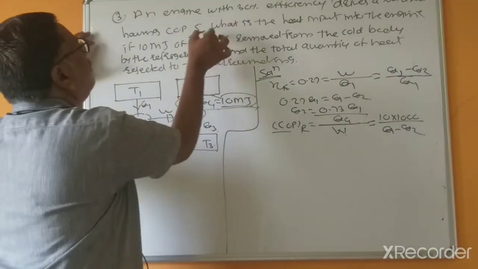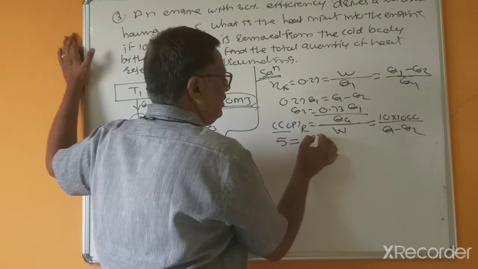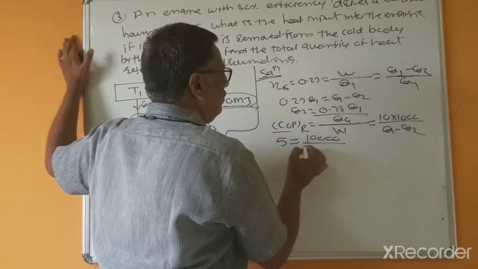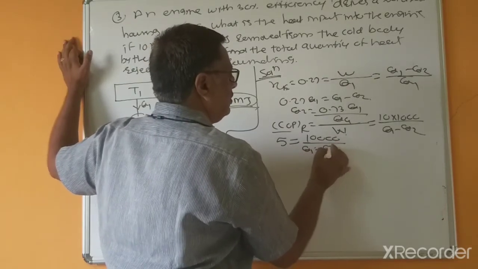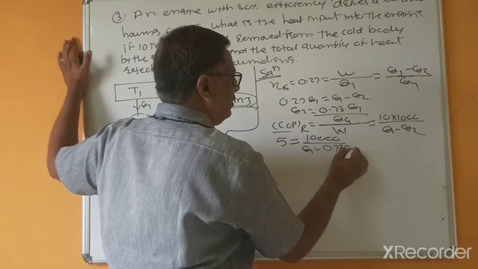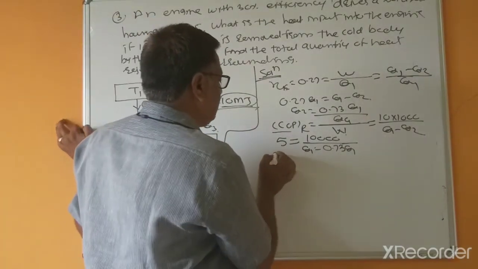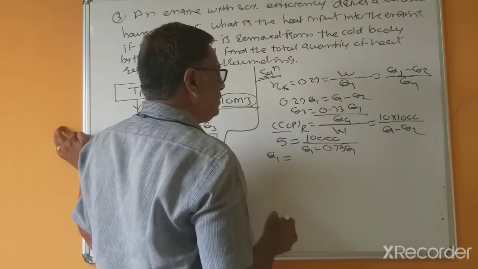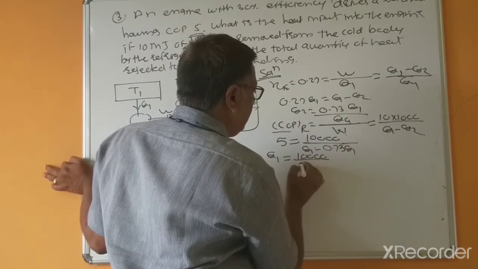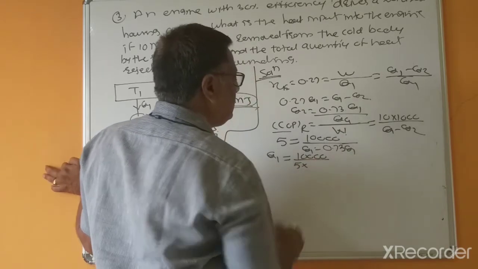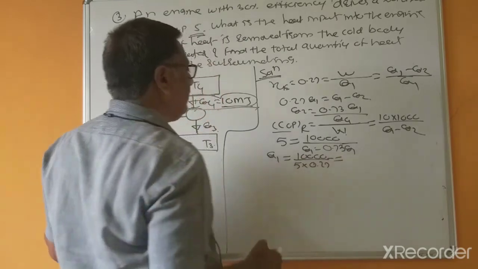This is given 5, and this is 10,000, Q1 minus Q2, 0.73 Q1. That's why I am writing here Q1 equal to 10,000 divided by 5, and this remaining 0.27.